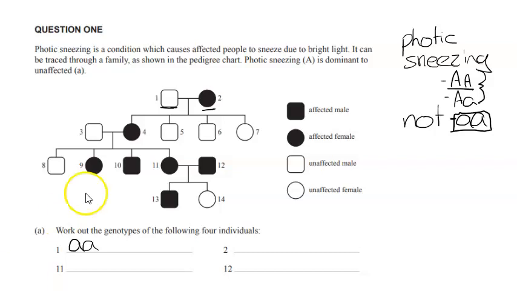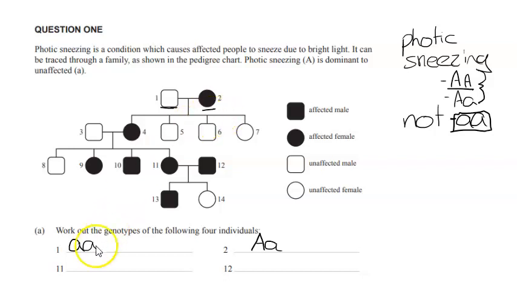But because we can see that some of their offspring, 3 out of 4 of them, are not photic sneezers, that must mean that this individual carries a recessive unaffected allele. So that must mean that because individual 2 has photic sneezing, it must carry a photic sneezing allele, and because some of the offspring from individual number 2 don't show photic sneezing, it must also carry a non-photic sneezing allele.